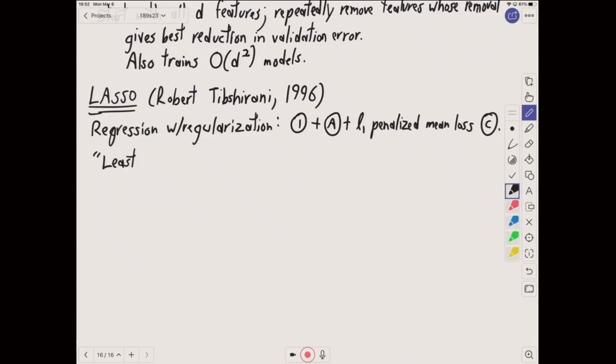Lasso is an acronym. It's short for least absolute shrinkage and selection operator. Which I think is one of the best acronyms I've ever seen. The words actually tell you what the method does.